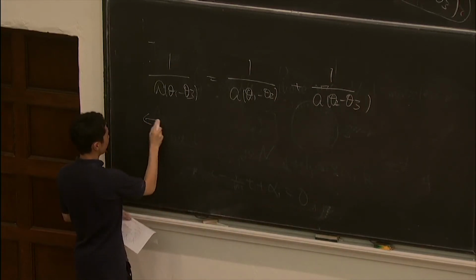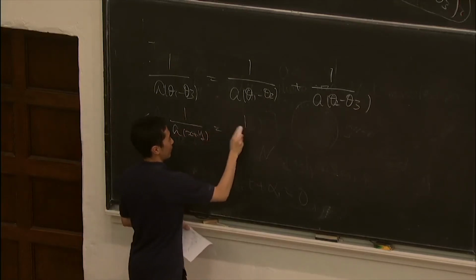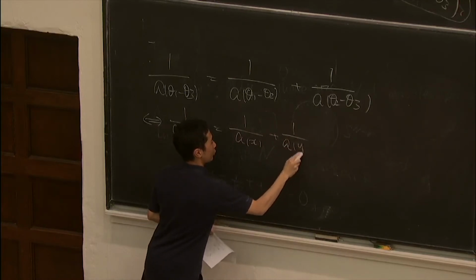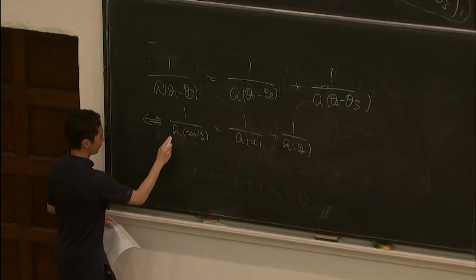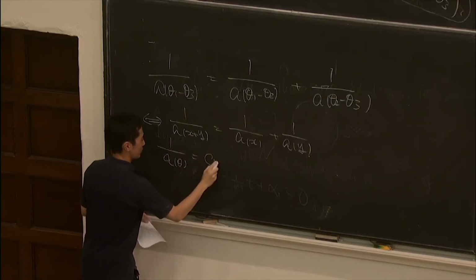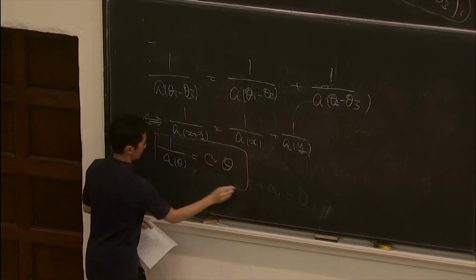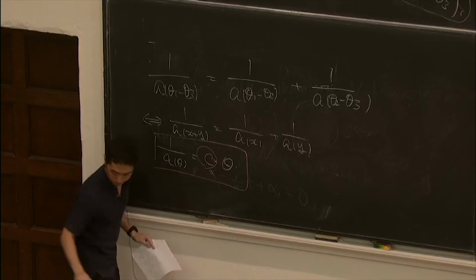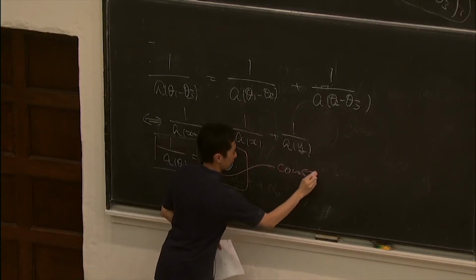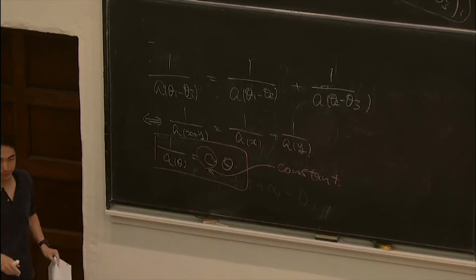And this is equivalent to something like a(x plus y) equals a(x) plus a(y) for the inverse, which means that 1 over A of theta must be proportional to theta, where c is some constant number.